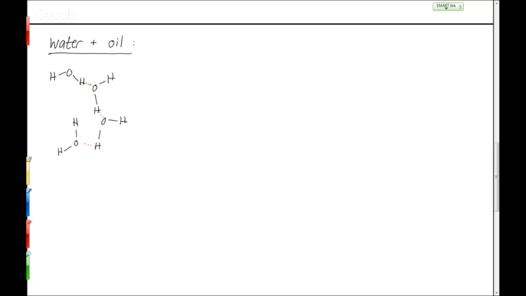And then what does oil look like? We know what oils look like? There are these long chains of carbon and hydrogen, connected in the middle in kind of a triple thing.